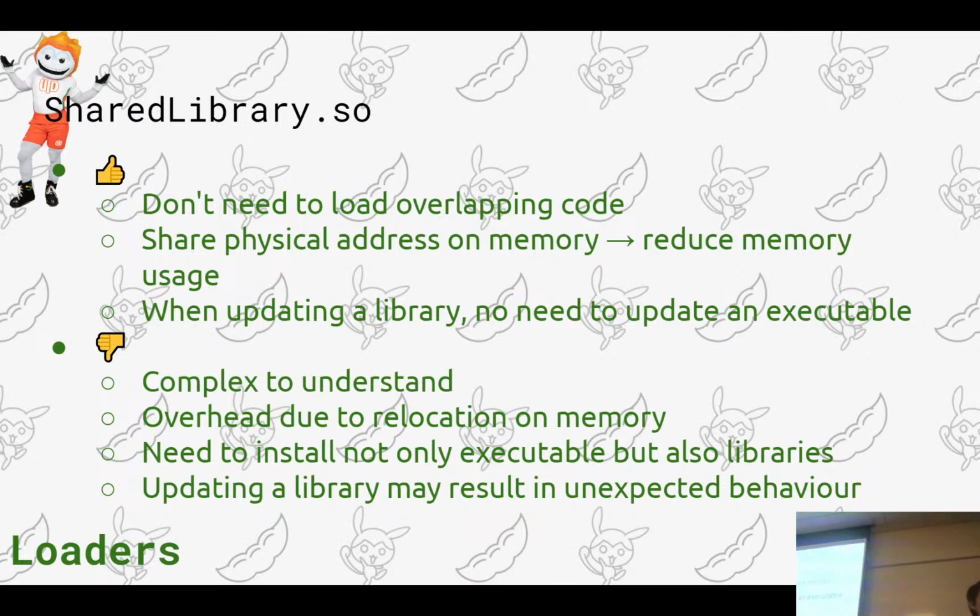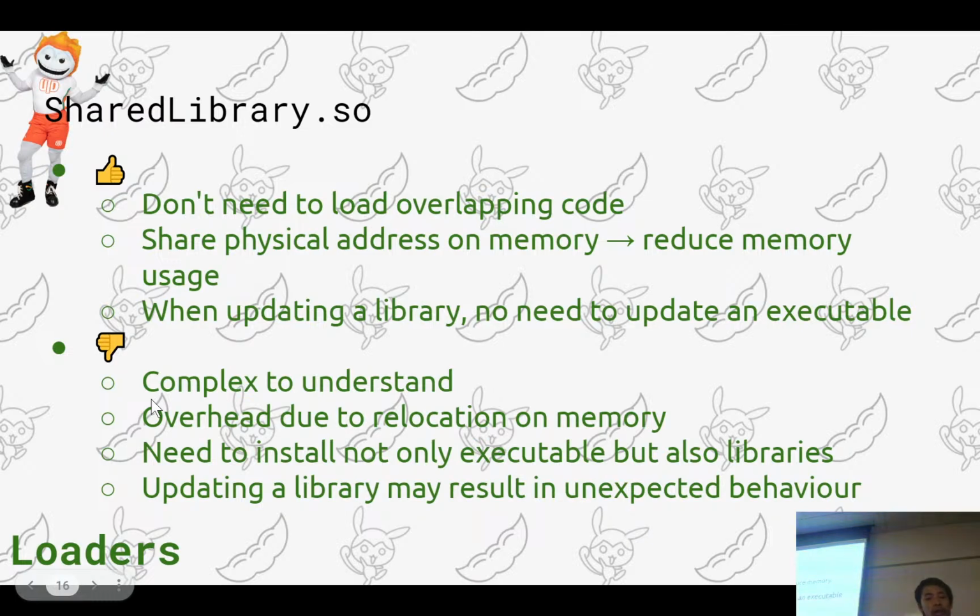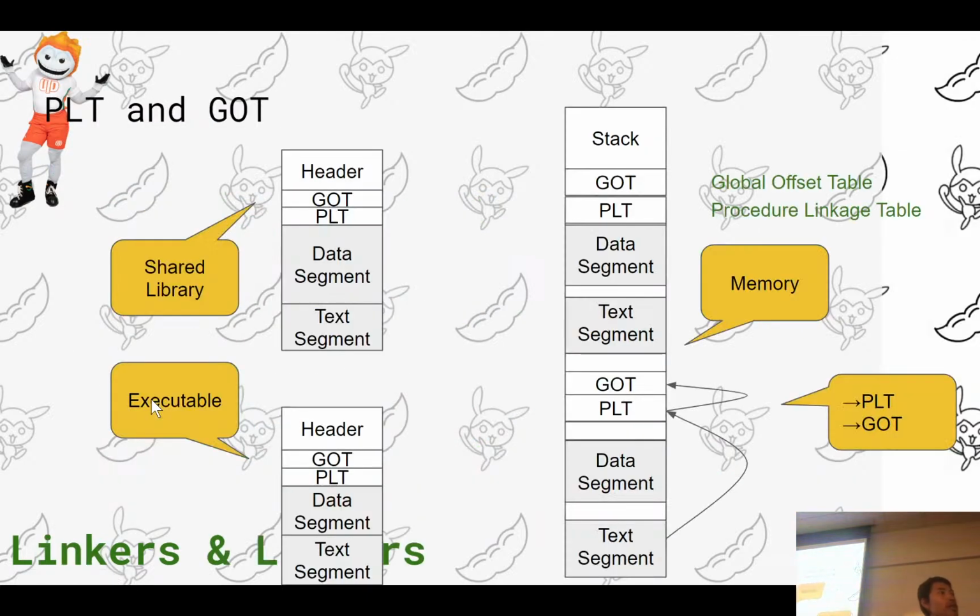We need to relocate in memory every time we run it, so there is an overhead. Also we need to install not only the executable but also the libraries, which might cause some difficulties. And updating a library may result in unexpected behavior. For example, APIs have changed and we cannot use the old executable anymore or something like that. So this one also has some bad points, of course.